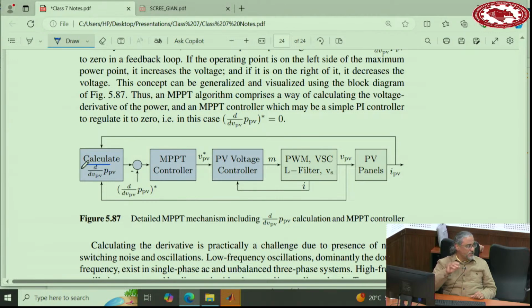So one way is to take derivative of power with respect to time and divide it by derivative of voltage with respect to time and divide them together. And then put a controller that regulates this quantity to 0. If you put 0 here, that regulates this quantity to 0. And then you put an integrator here that gives you V star PV. So this is a mathematical way of looking at the problem.